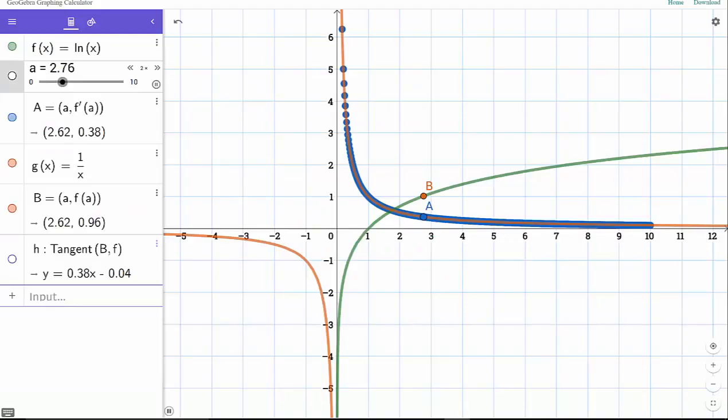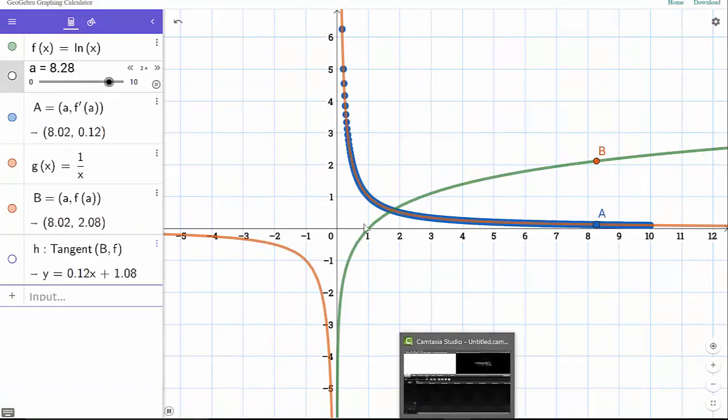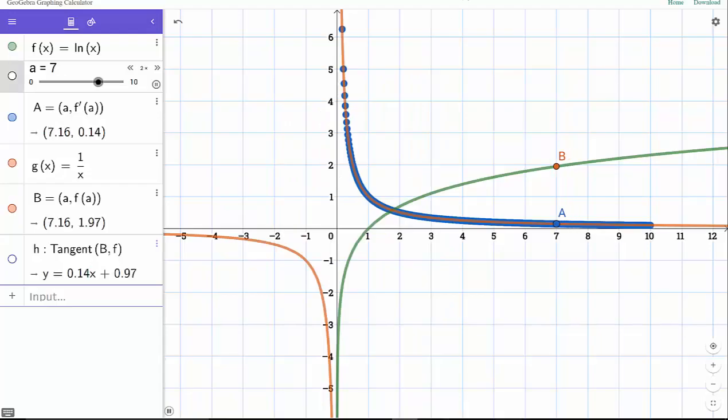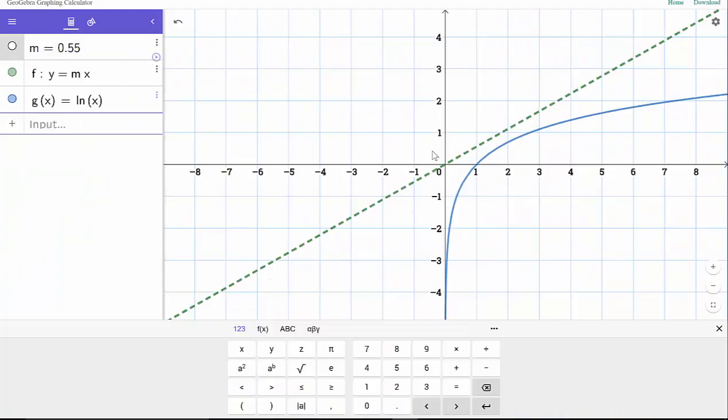Now this problem can be a little bit abstract, so what I want to do is go ahead and take a look at the graph of the function. And I have that right here. So here's ln of x. And here's y equals mx, right? It'd be any line with slope m. So as you can see, they're not touching right now.